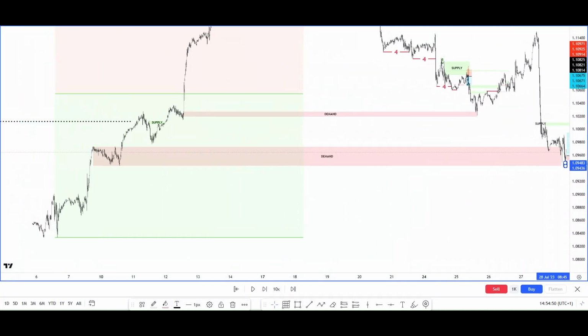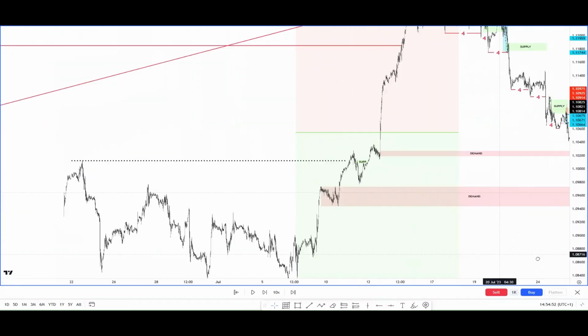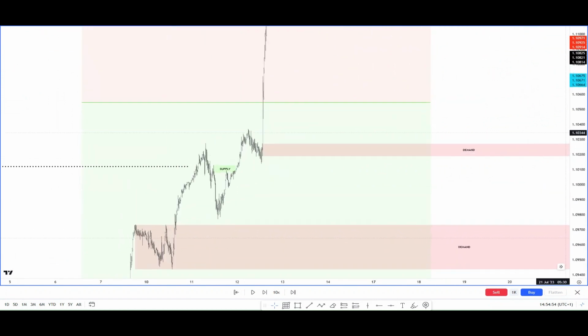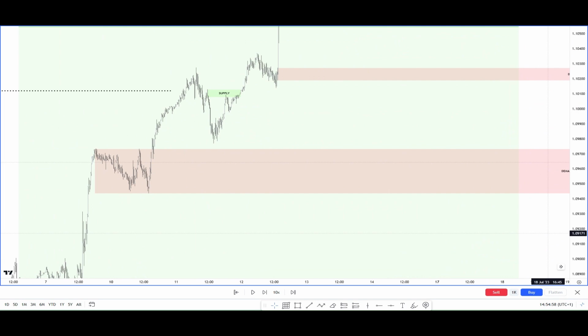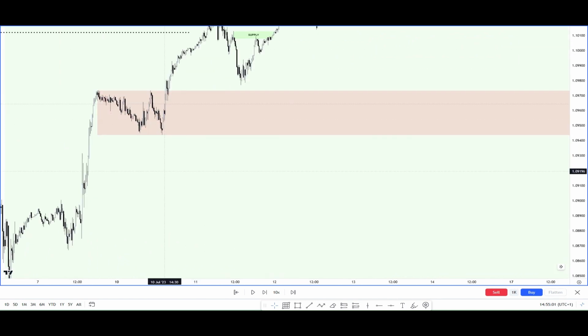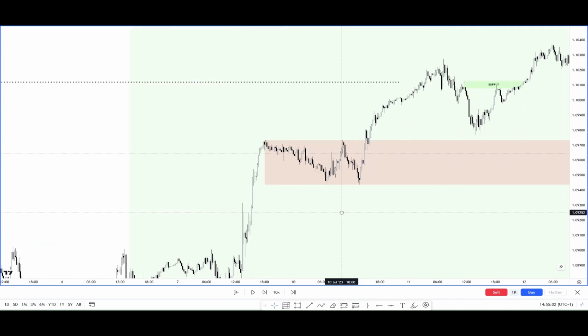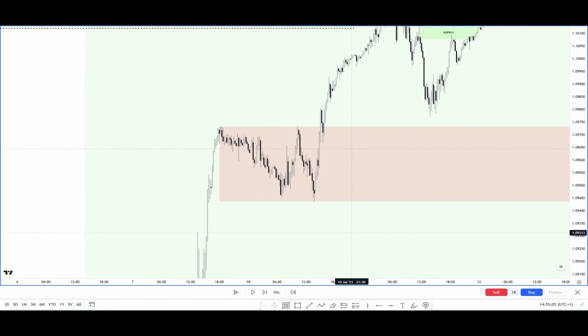Right. So guys, this whole demand zone here is off the 4 hour. So ideally, we want to find out the smallest part that hasn't been mitigated on this.